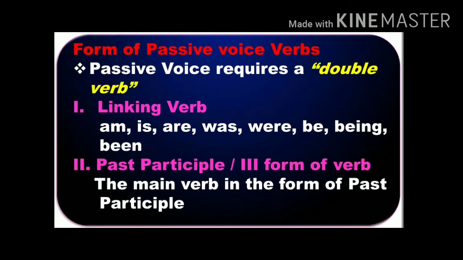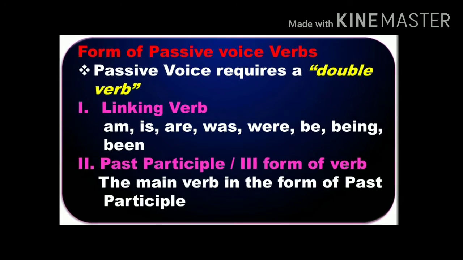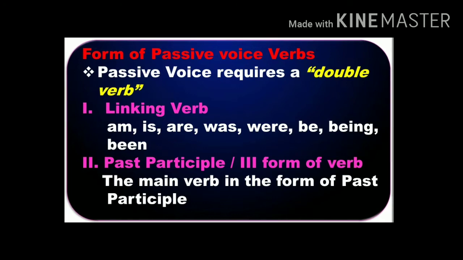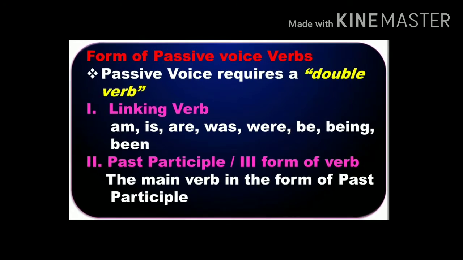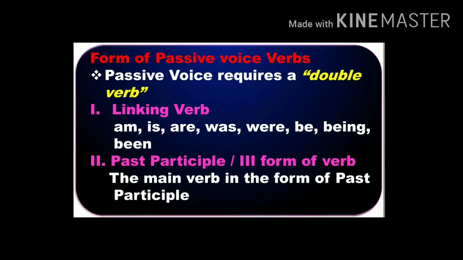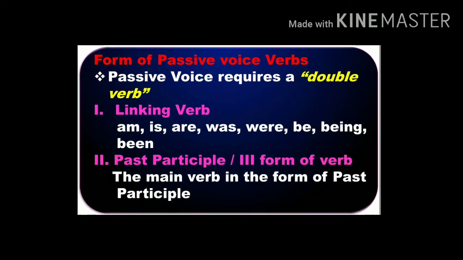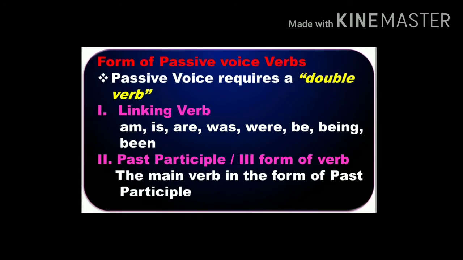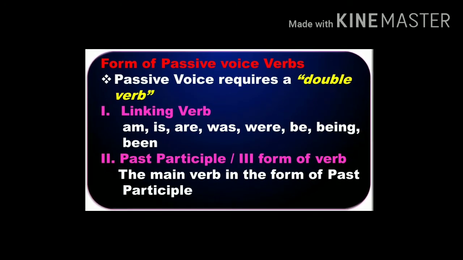These linking verbs we will have in the passive voice. And the second one is the past participle or third form of verb, that is the main verb in the form of past participle. We should remember that in the passive voice we must always have the past participle or third form of verb. Clear? Okay.